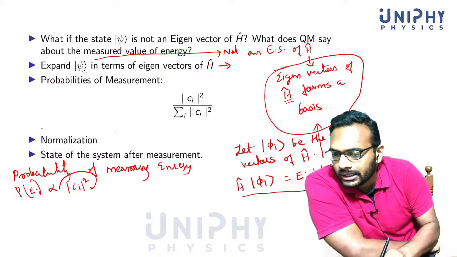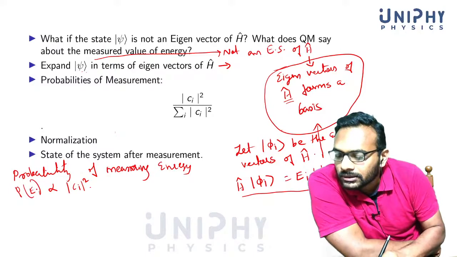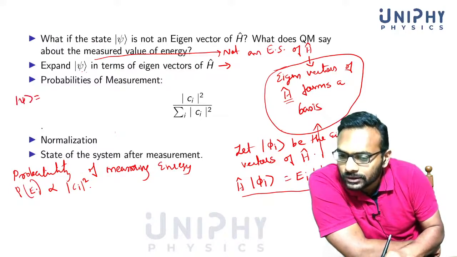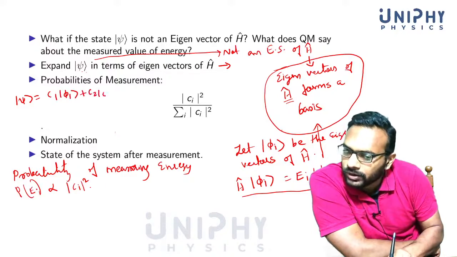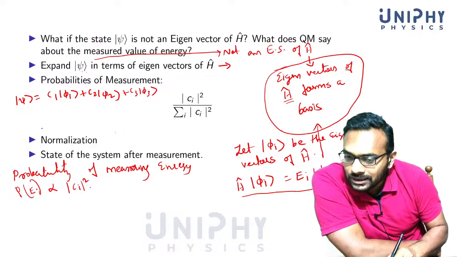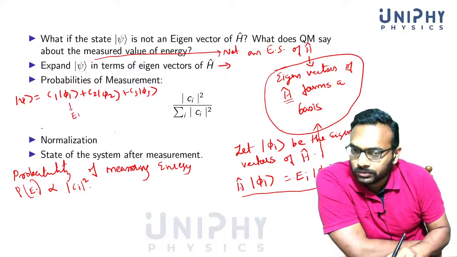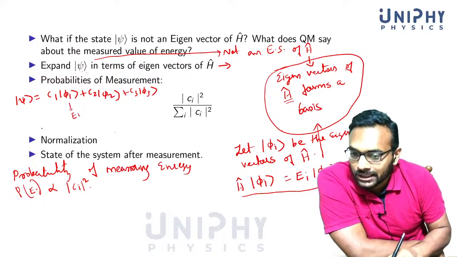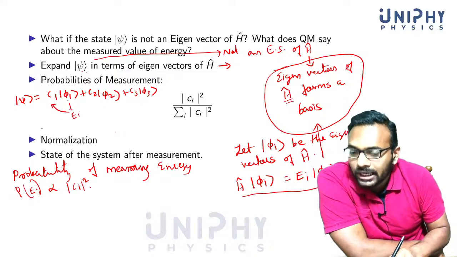So I'll write it like this. What we did is that psi is equal to, let's say there are only 3 states, C1 phi 1 plus C2 phi 2 plus C3 phi 3. Now you are asking, what's the probability that you measure energy E1? Then you look at the expansion coefficient of the corresponding eigenvector.